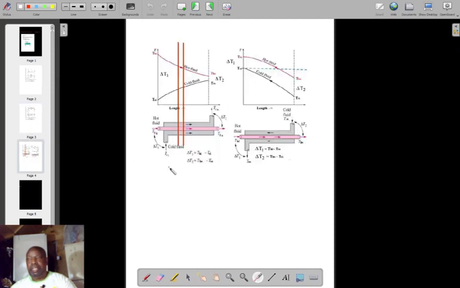For the sake of analysis, we'll take one of the flows, the parallel flow heat exchanger or the counterflow heat exchanger, and do our analysis. You should bear in mind that it does not matter which one you take. The final equation that you come up with will be the same.